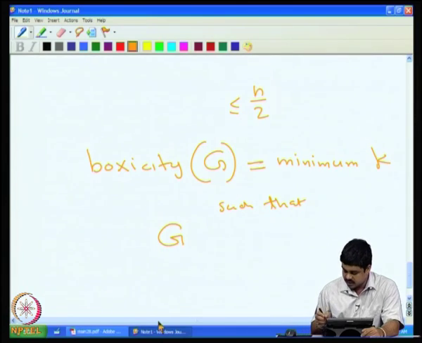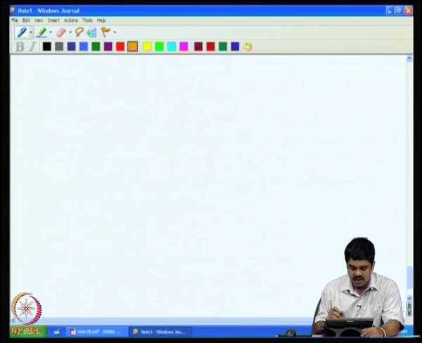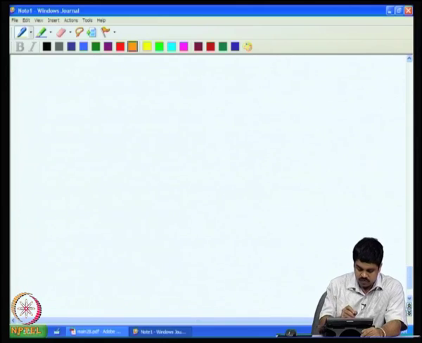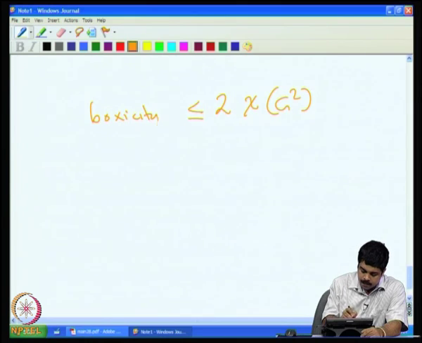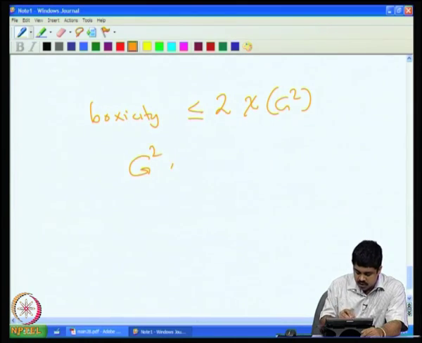Later, in fact, many other upper bounds are known for Boxicity rather than n by 2. So, for instance, it can be shown that 2 times chi of g square is an upper bound for the Boxicity, where g square is the square of the graph g.